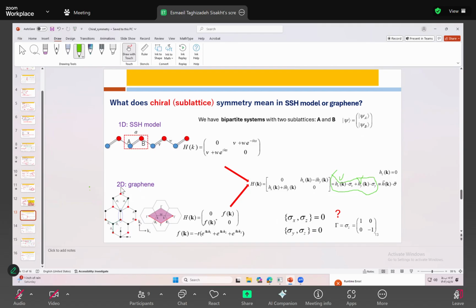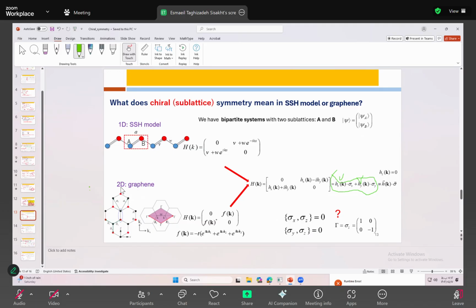So in that case, this sublattice symmetry is very analogous to the chiral symmetry, and the chiral eigenstate here can be defined.